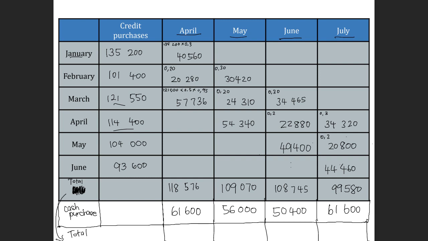So here it is for the first column, the 118,576 plus the 61,600, that is 180,176. Then for the next month, the 109,070 plus the 56,000, 165,070.